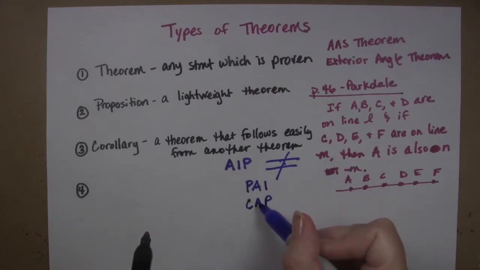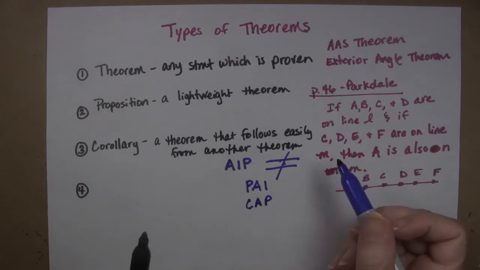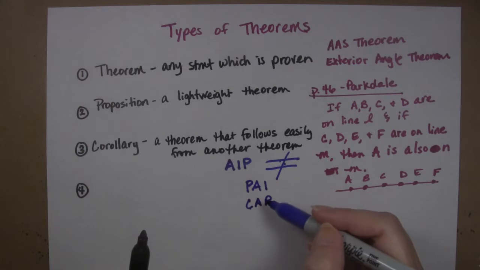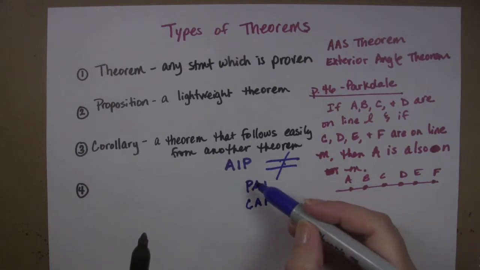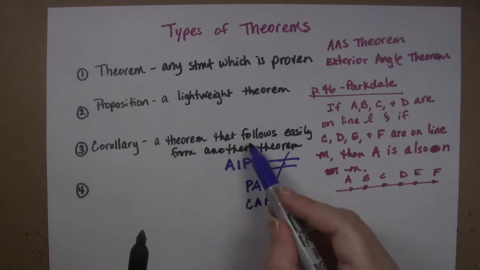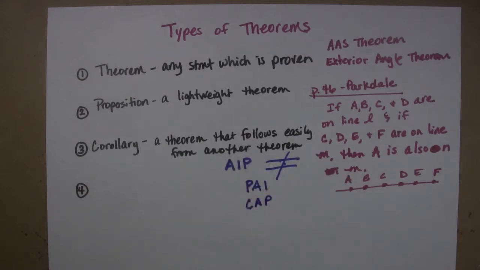So if corresponding angles are congruent, then the lines are parallel. So you can see that these 3 are all very closely related. If you understand one of them, you're probably going to understand the other one. That's what makes it called a corollary, is that it easily follows.